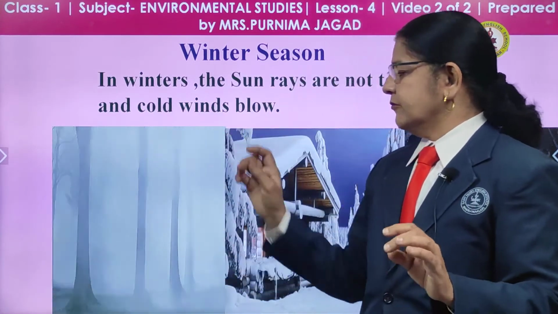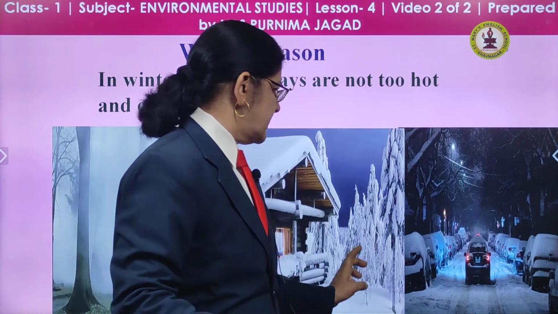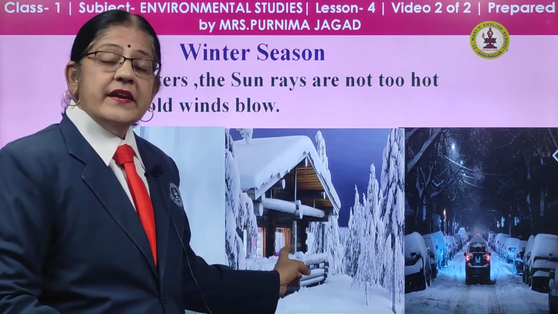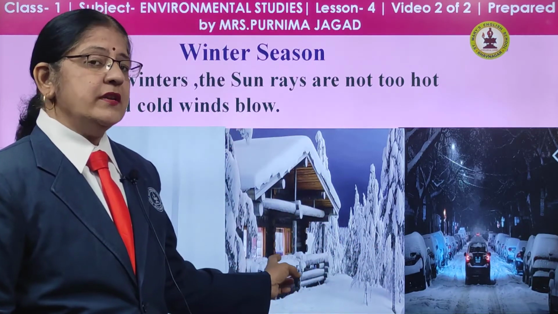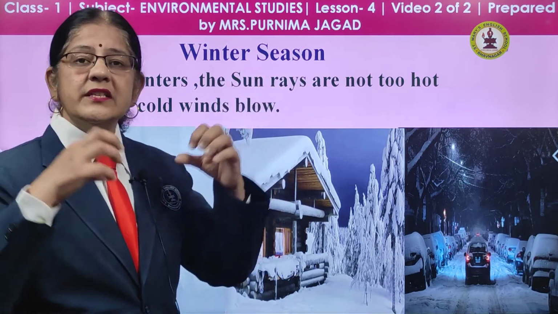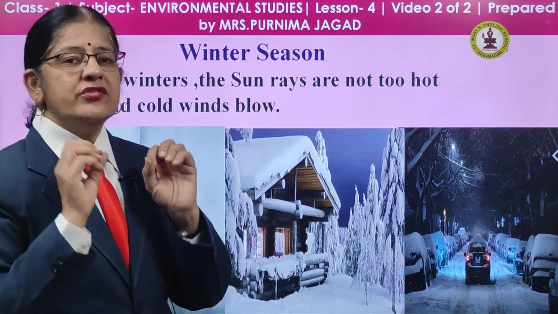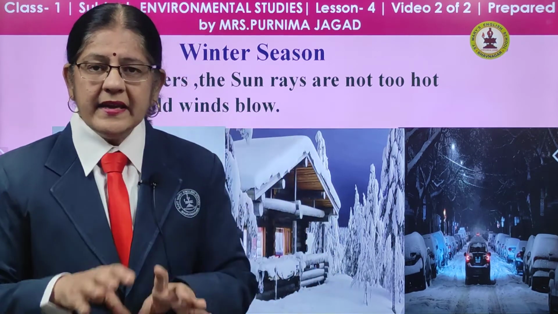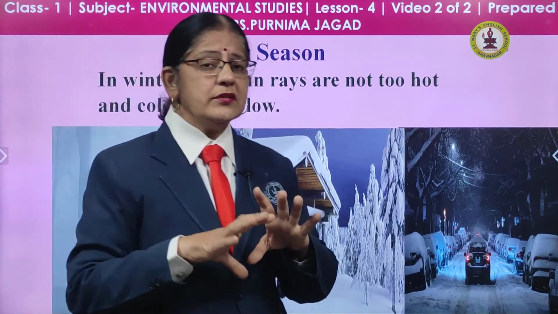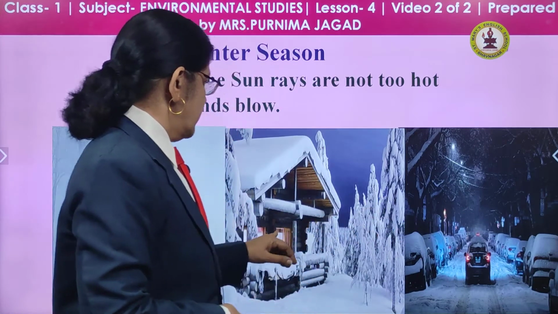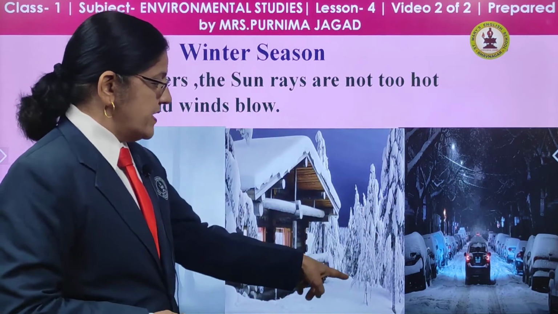That is called fog. And the second picture you see where it is very cold, especially in mountains where there is heavy snowfall. The full house, the full roads, trees, then the vehicles, everything is covered with snow. Here you can see the house and the trees.